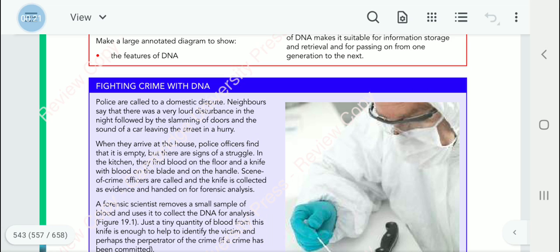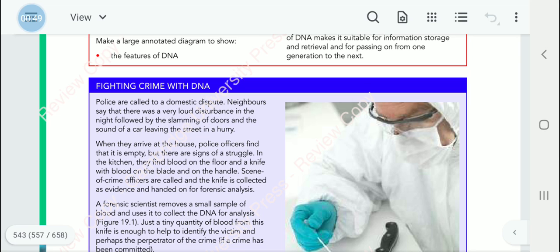Then, obviously you have heard that fighting crime with DNA is actually a part of our common knowledge now, because we can find out the relationship to a person. We can find out whether some person has been in a place by using a sample of body fluids or hair.